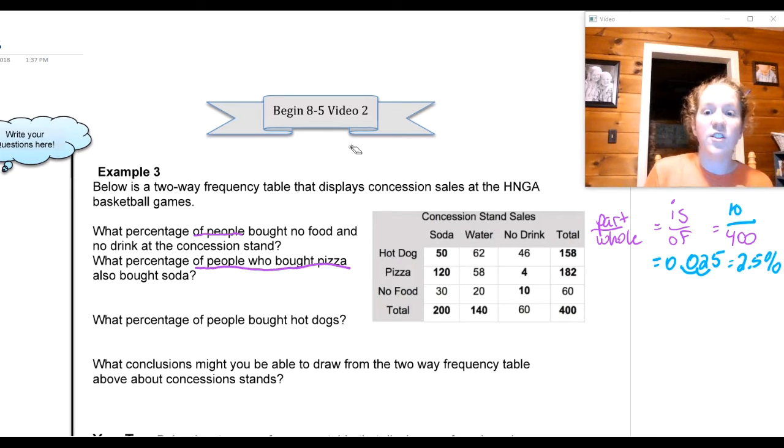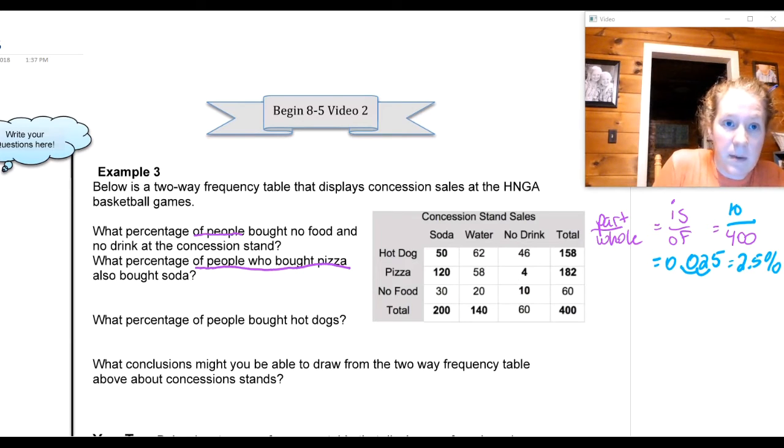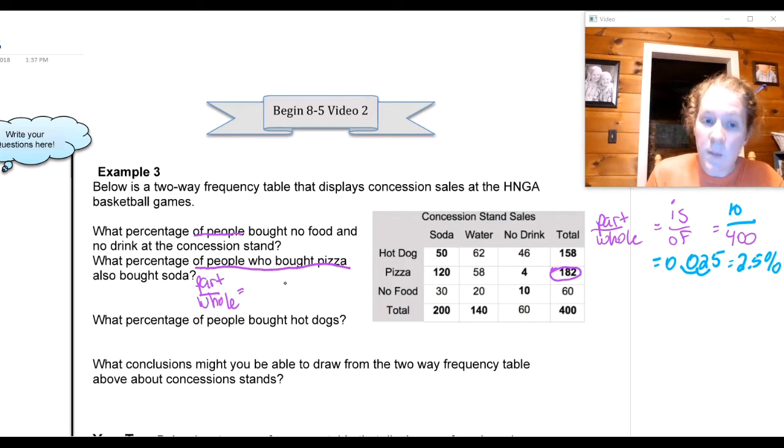So the whole that I'm going to be looking at here is going to be all the pizza people. This 182 is my total number of people who bought pizza. Again, I'm going part over whole.